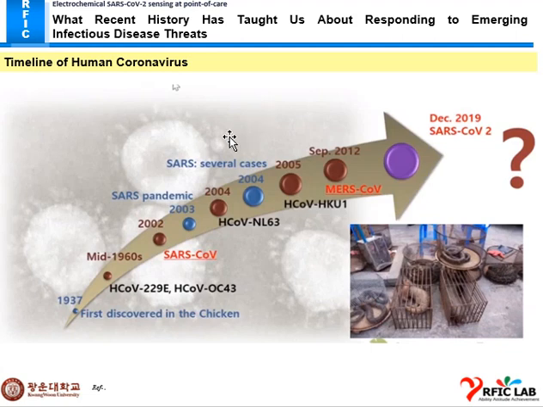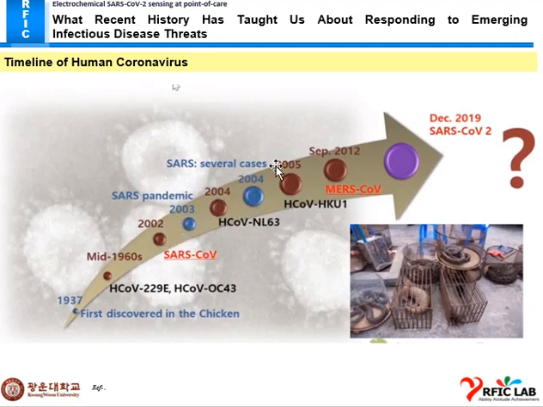So here's our timeline of human coronavirus. 1937, first discovered in the chicken, and then 2002 SARS-CoV, and then the SARS pandemic in 2003 after the discovery of SARS-CoV.